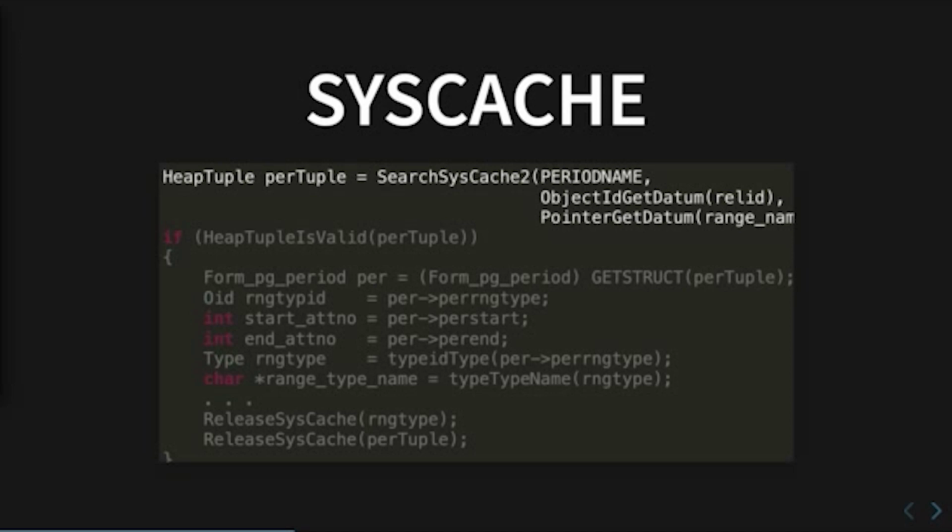And when you do that, you don't have to implement all of the cache yourself. It's very declarative. You give the name of the cache, the table that you're looking in, an index to use, and the things to compare against. In my case, I want to compare against the table, which is the relation ID, and the period name, which uniquely gives me a period, right? And then I can call it here.